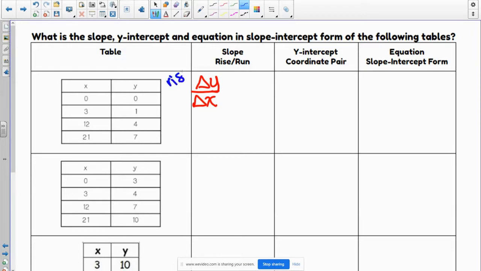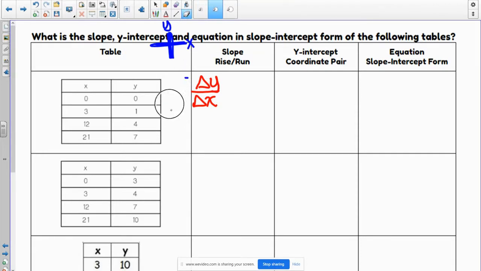So if you think about it, the y-axis goes up and down, so that's your rise. And then this is your run, the change, and that triangle means change in math. Your run is going horizontally, so that is your x-axis. So it's exactly the same thing as rise over run, but it makes more sense to say it as the change of the y over the change of the x when it comes to a table.